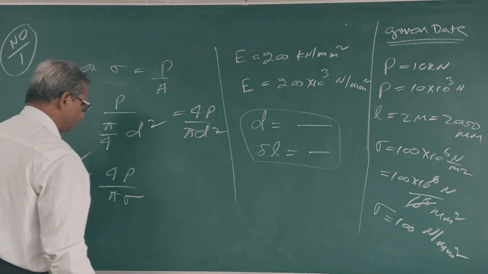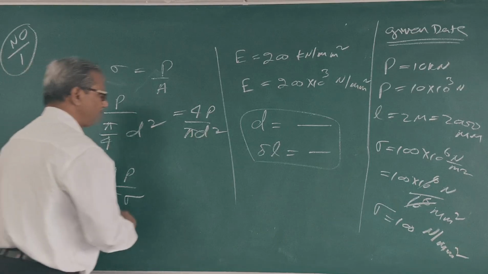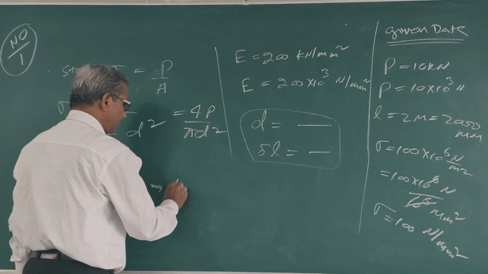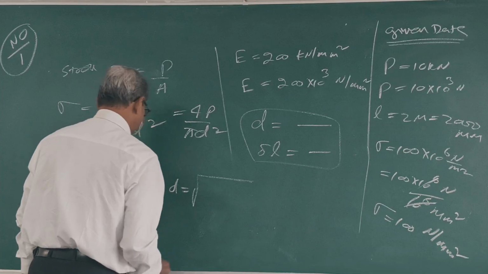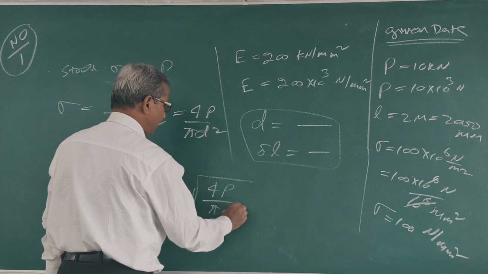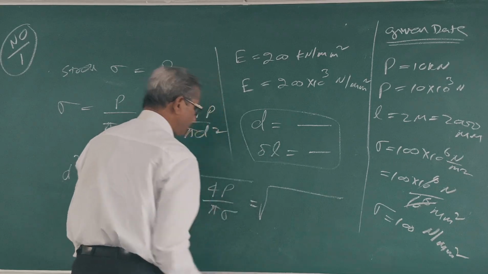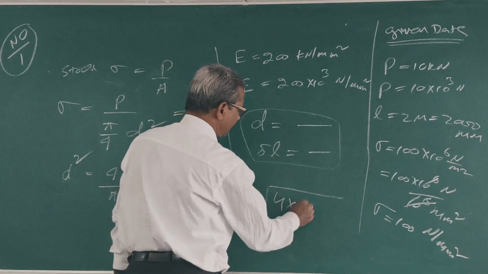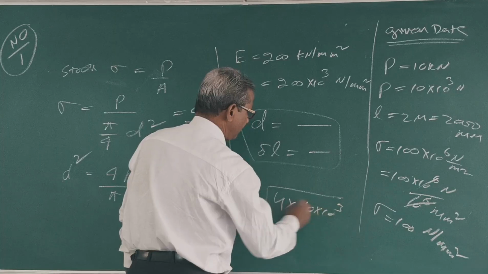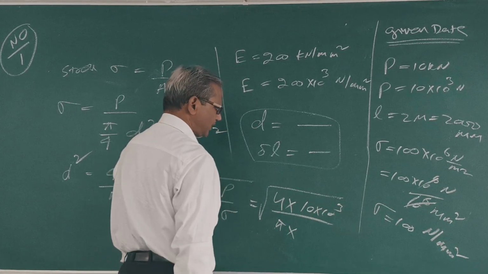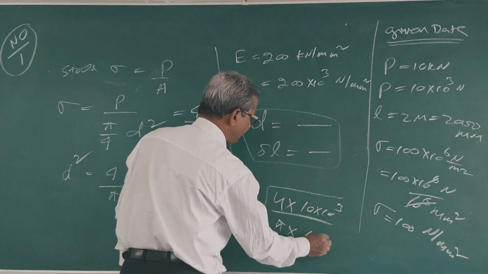So D is equal to root over 4P by pi sigma, root over 4 into P, what is P? 10^3, by pi into sigma.